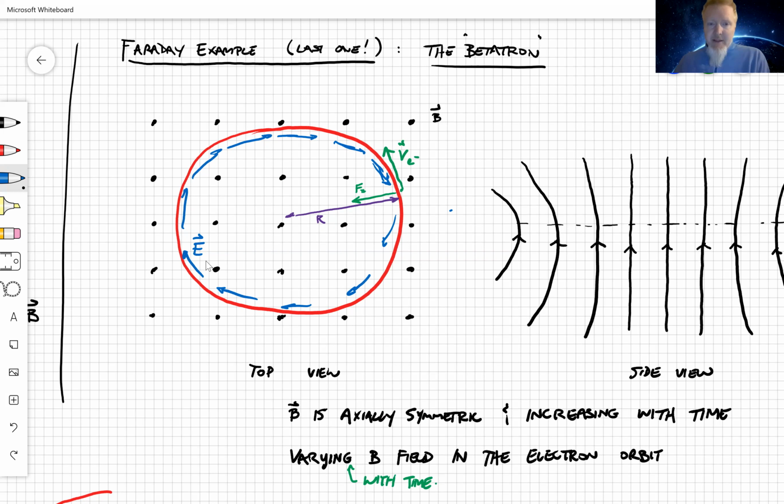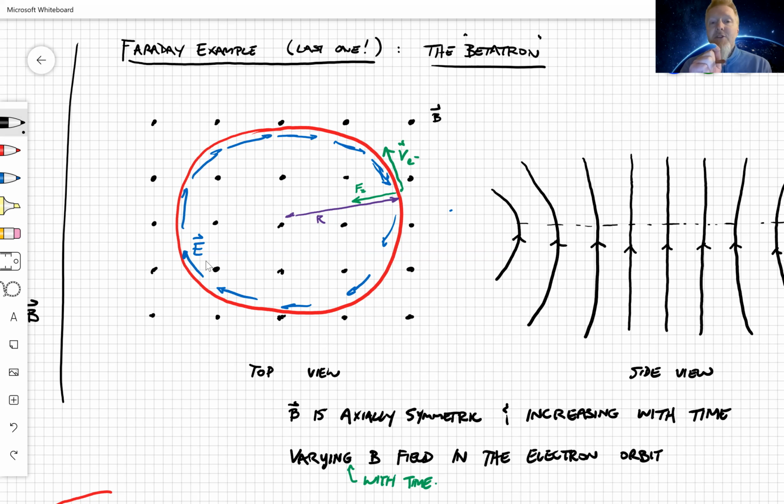What's happening to the electron is that it must be feeling a force due to the electric field. The electric field is exerting a force on it, which, as the Lorentz law would tell us, is negative little e times capital E for the electric field. The force on this charge due to the magnetic field is inwards, and it pulls it around in a circle.